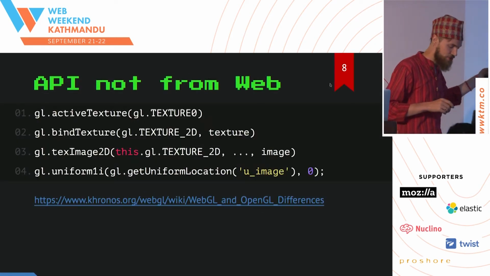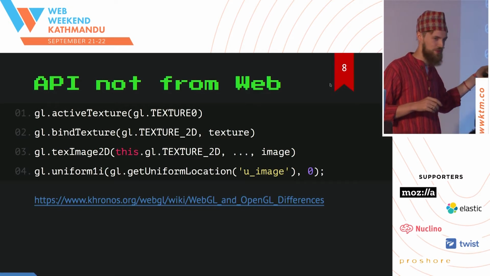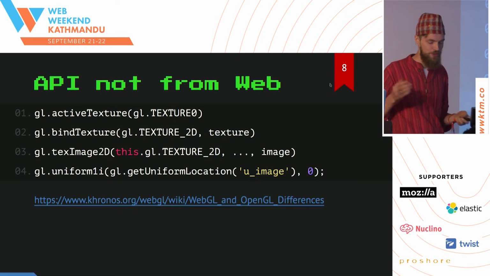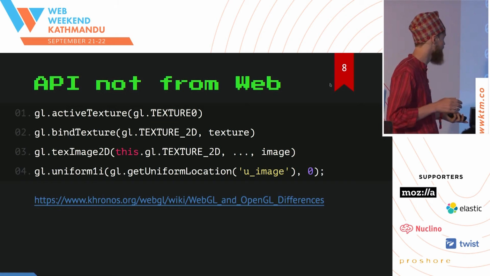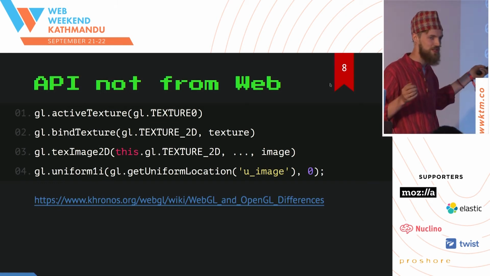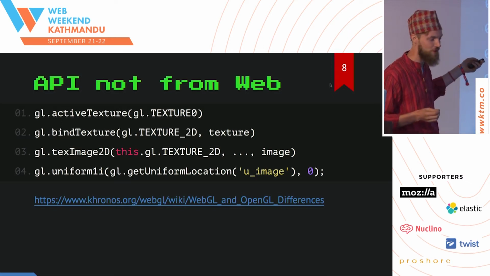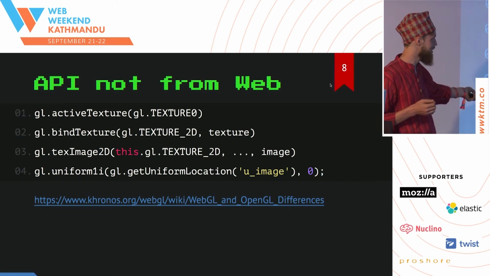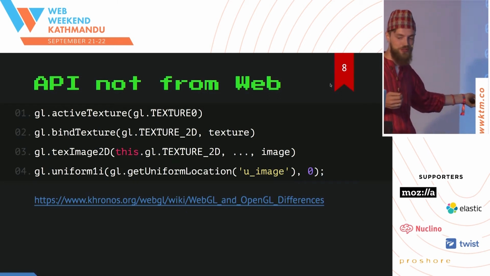Exactly, I want to tell you about the API. The API looks not so webby. It doesn't look like an API from the web because some of these functions can take 7 arguments to work. It's hard. It's really hard. And some of these functions have really weird names.